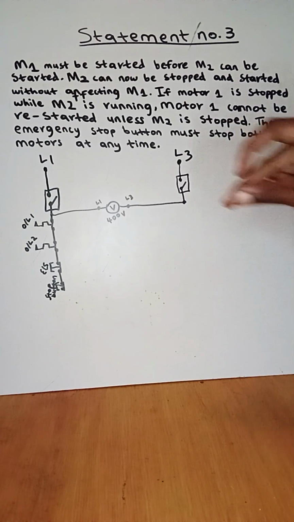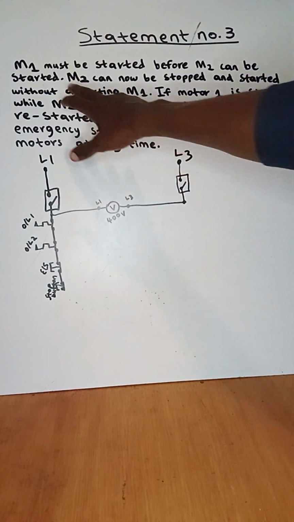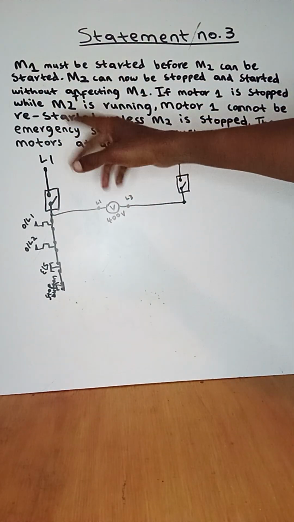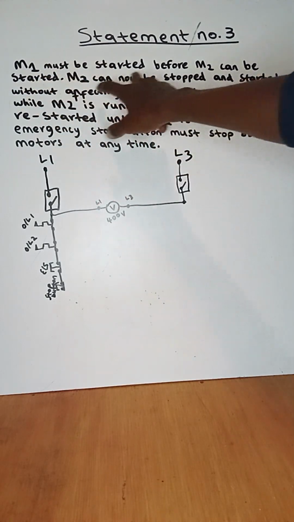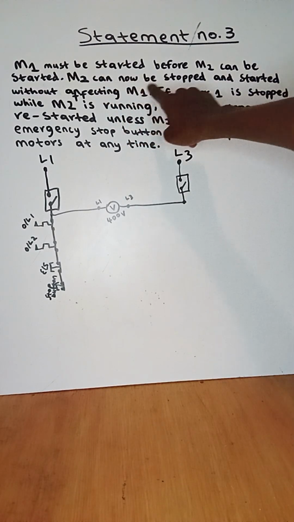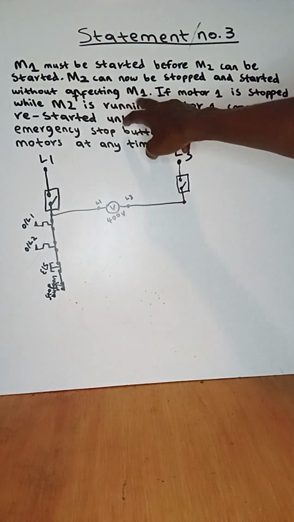Right. But if you check statement number 1 and statement number 2, let's read them together. Motor 1 must be started before motor 2 can be started. Motor 2 can now be stopped and started without affecting motor 1.